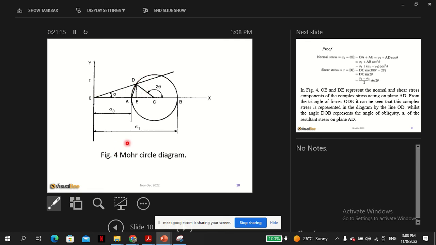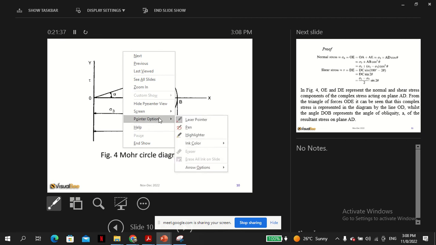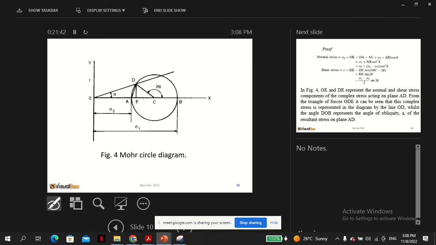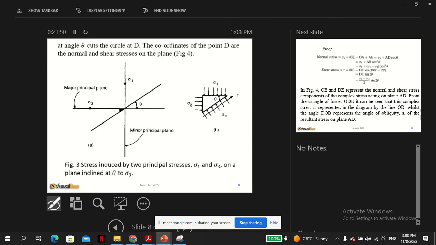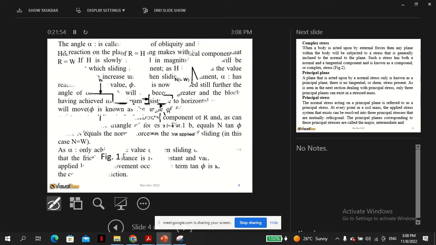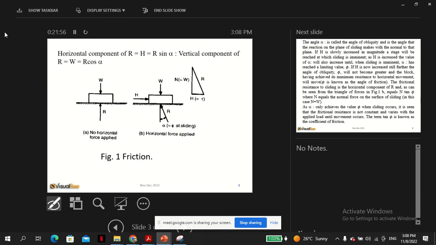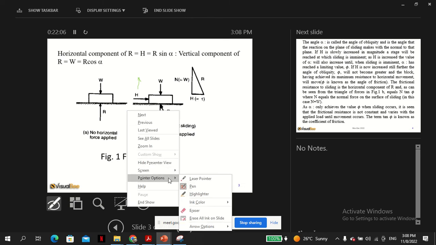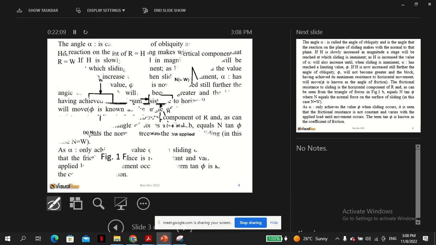Now, if you remember, we said that you can do many of these experiments. So you could do another one, and normally up to 3. And this is the alpha. You remember we said that angle alpha here. As long as you increase this value, this angle will increase to a limiting value phi.